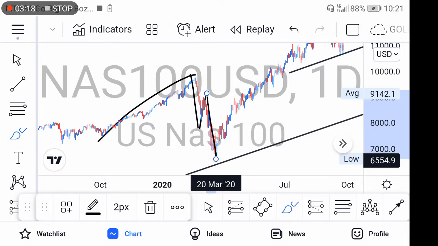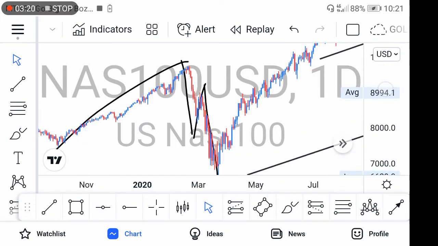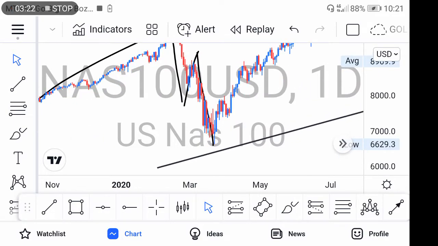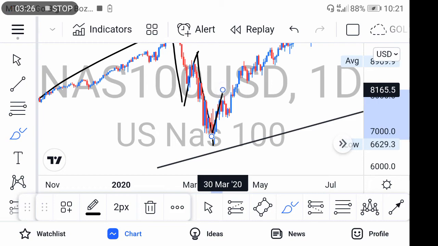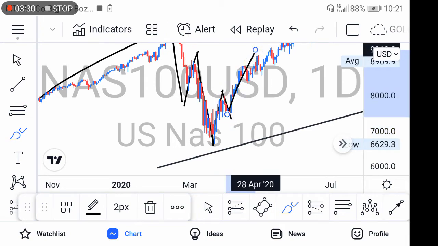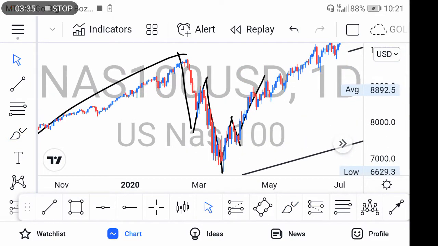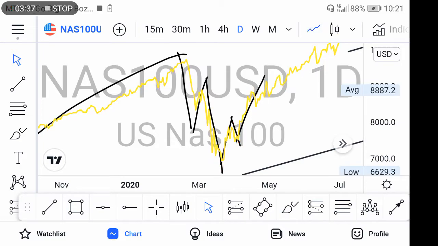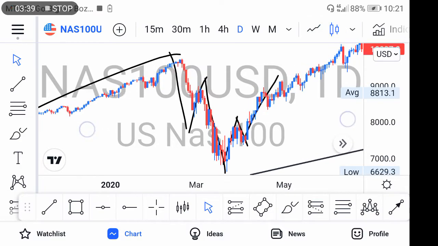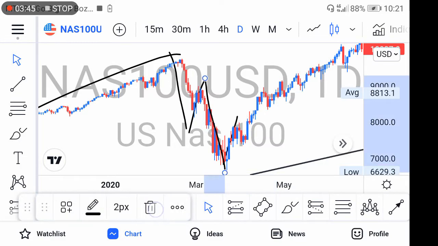Once it touches our trend line, we wait for price to respect the trend line, move away from it, retest, and we go up. If you have been trading, you can see this as an inverse head and shoulders pattern, but with a slanted neckline.